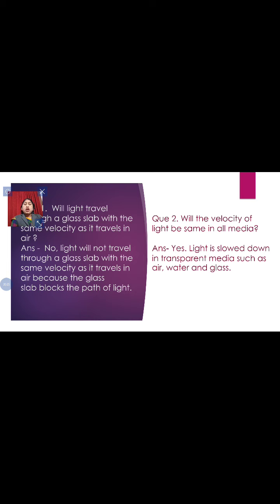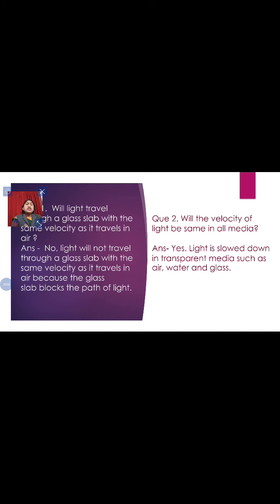Light will not travel through a glass slab with the same velocity as it travels in air because the glass slab blocks the path of light. Understood?